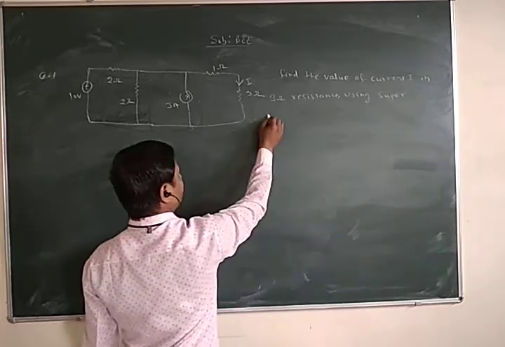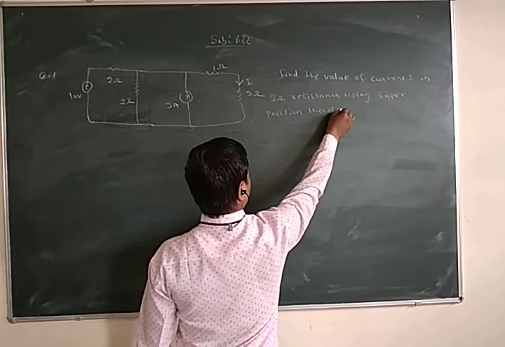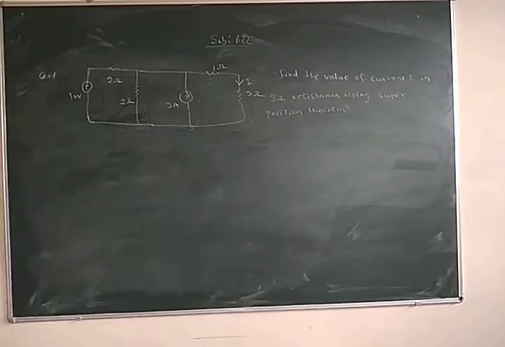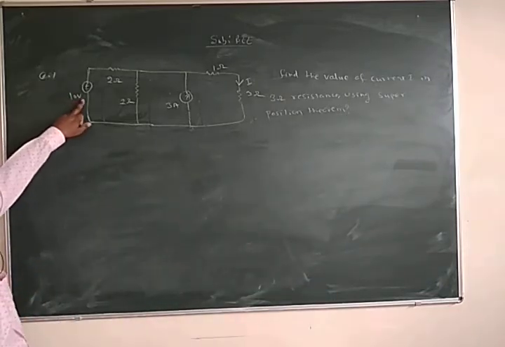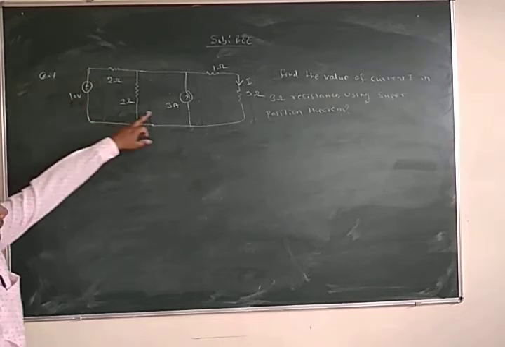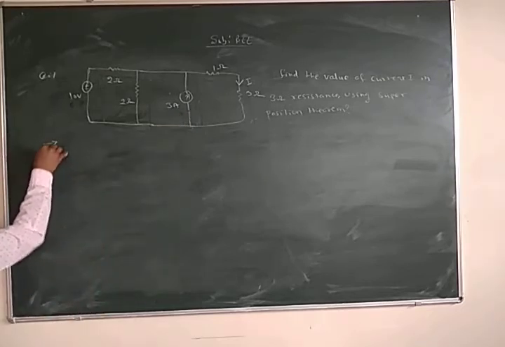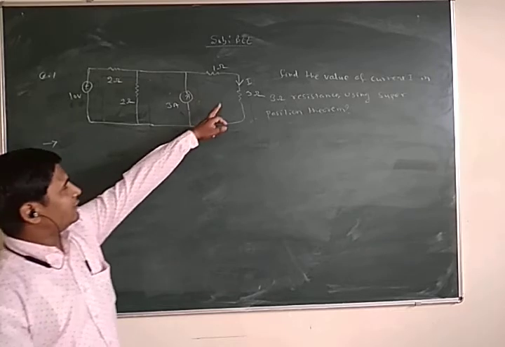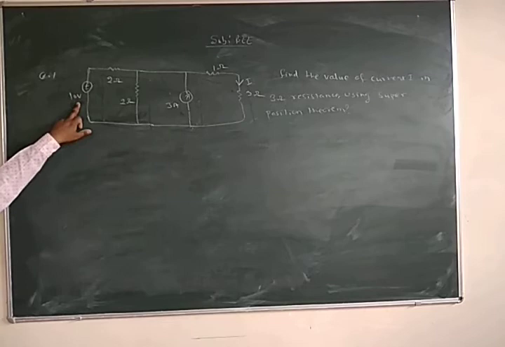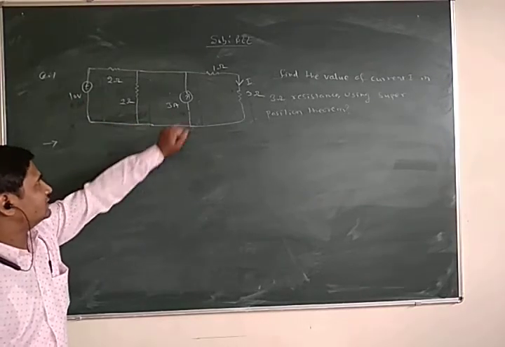In this question, first of all, we see that there are two sources. One is voltage source and second is current source. So according to the statement of superposition theorem, we have to calculate the value of current I in 3 ohm resistance. So first we take voltage source in the circuit and current source is replaced by its internal resistance.